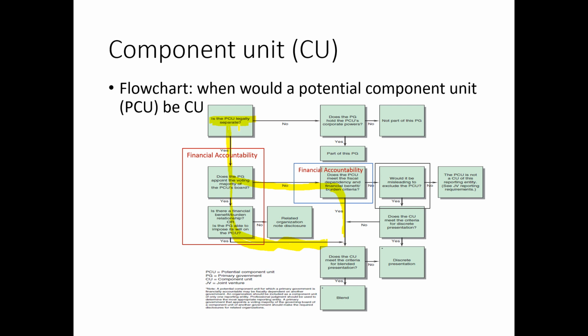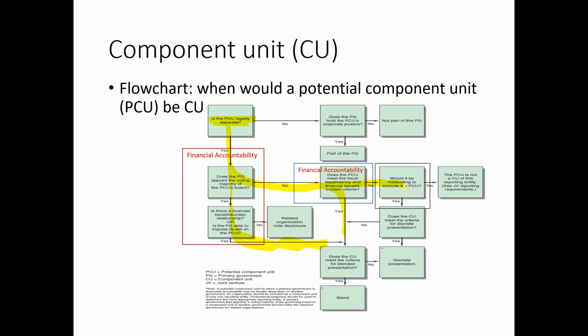And there's another route. Okay, go through this path here. Okay, if we couldn't pass the financial accountability test, the answer is no. Okay, we're going to ask, would it be misleading to exclude the PCU? Right?